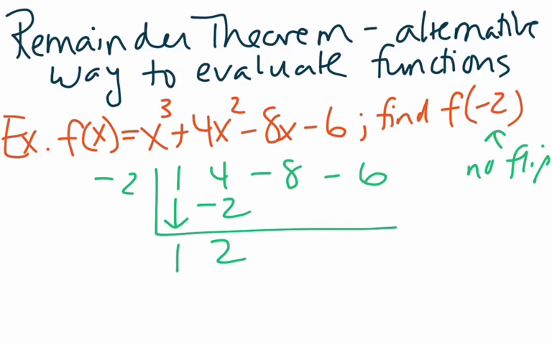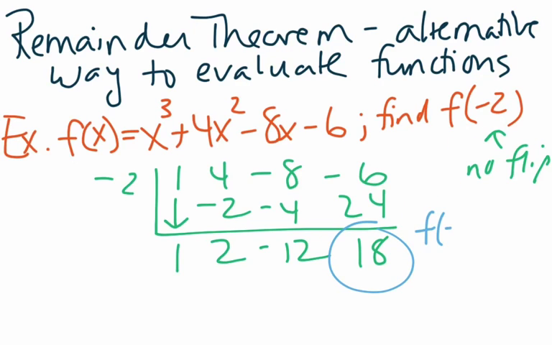Negative 2 times 2 is negative 4. Negative 8 plus negative 4 is negative 12. Negative 12 times negative 2 is positive 24. And negative 6 plus 24 is 18. Whatever you get for that remainder, that is the value of f of negative 2. And so f of negative 2 is equal to 18.